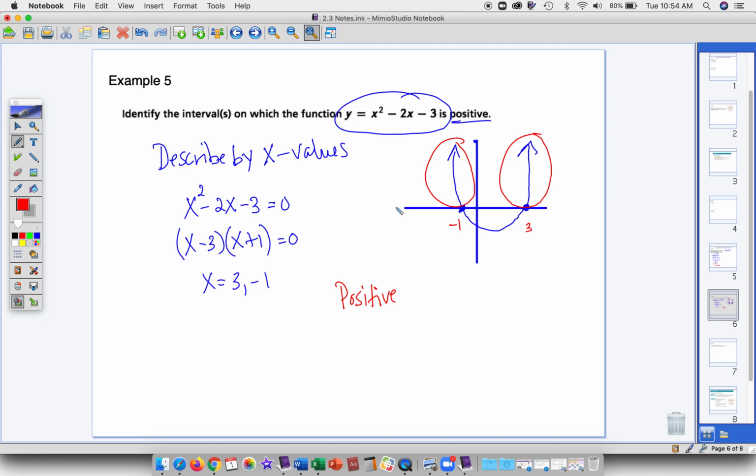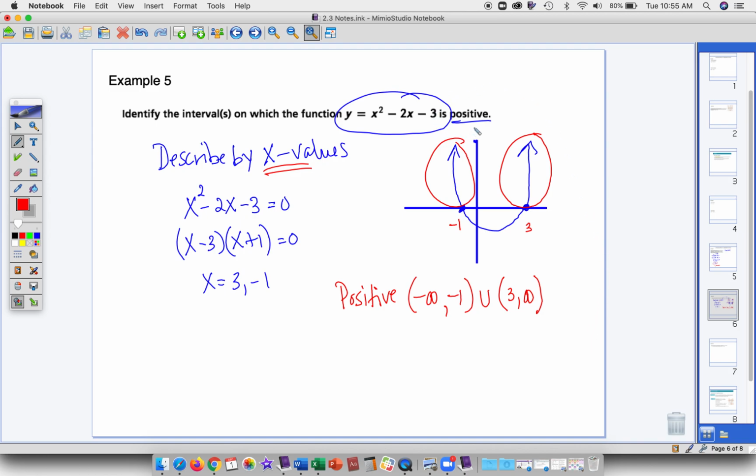We're describing this again by x values. So all the way to the left is -∞, on up to this x-intercept, which is -1. And remember, we always use parentheses. The other interval starts at 3 and keeps on going to the right. So it's from 3 to infinity.